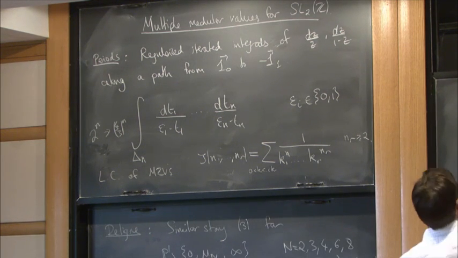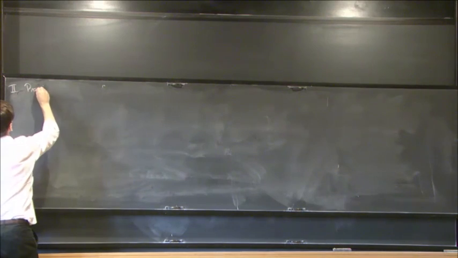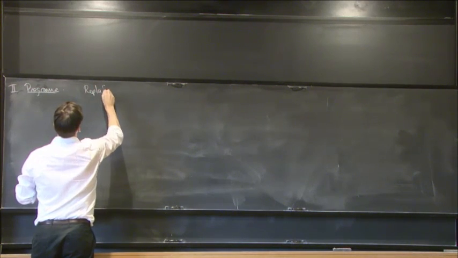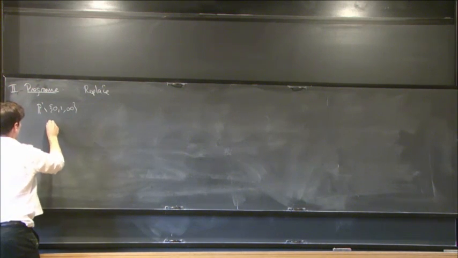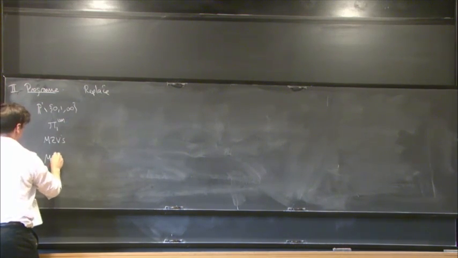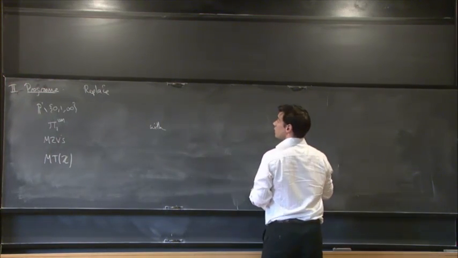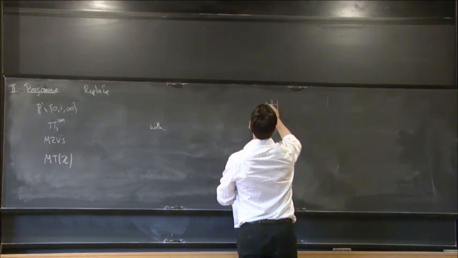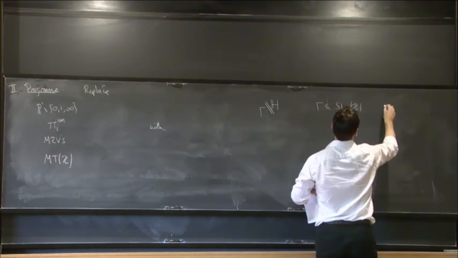So the program that suggests itself is to change the geometry completely and replace P1 minus 3 points, the unipotent completion, multiple zeta values, and mixed Tate motives over Z with, instead of going up into moduli space of higher genus, one can look at quotients of the upper half plane by finite index subgroups of SL2(Z).